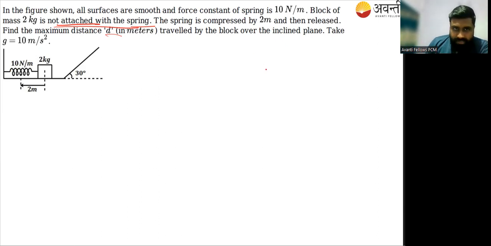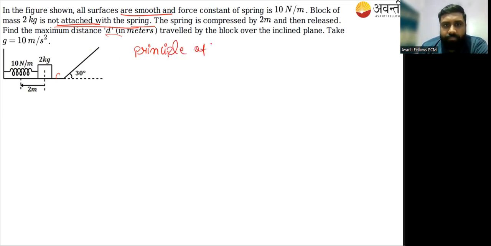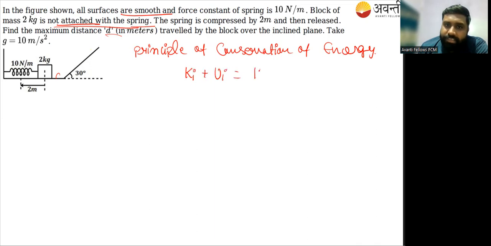Okay. So firstly, because this is a smooth surface, we can apply the conservation of energy, or you can also say the work energy theorem. So by the principle of conservation of energy, you can say that kinetic energy initial plus potential energy initial equals kinetic final plus potential final.